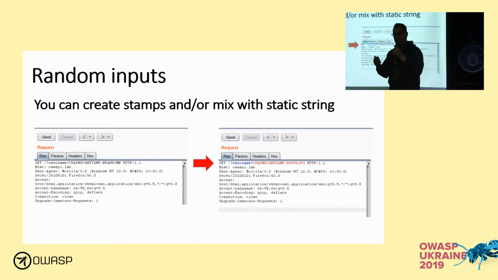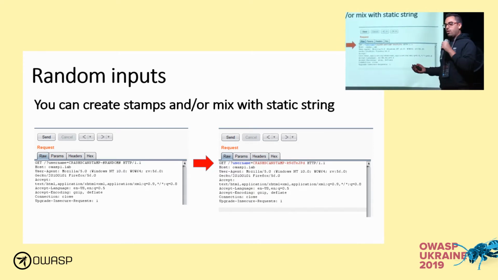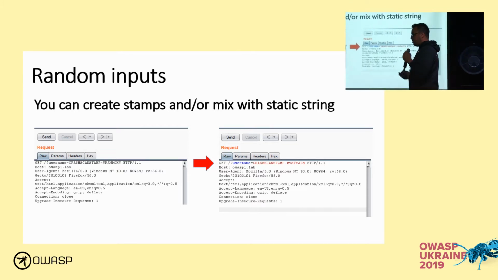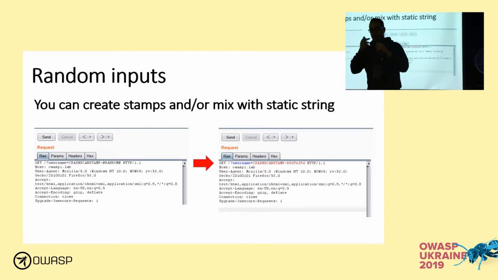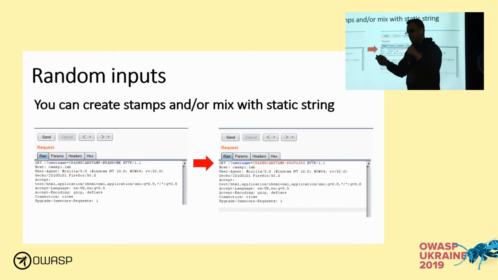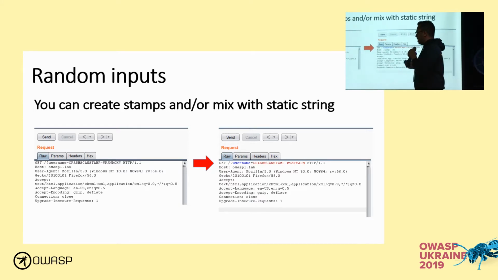Another thing that's pretty nice in this extension is that you can create a mix of random stuff. For example, if you want to create stamps in the database, or when you send something to the application that creates logs or creates users inside the database, you can create stamps.